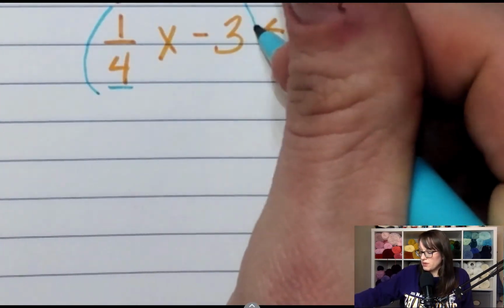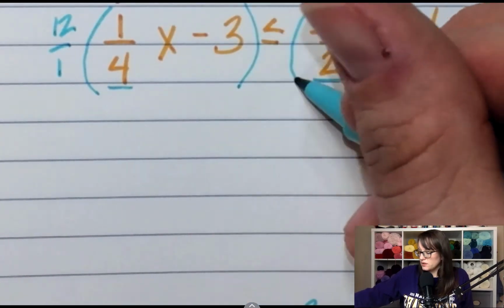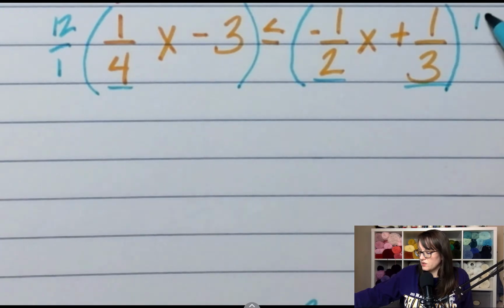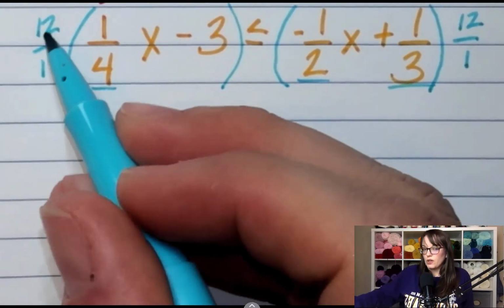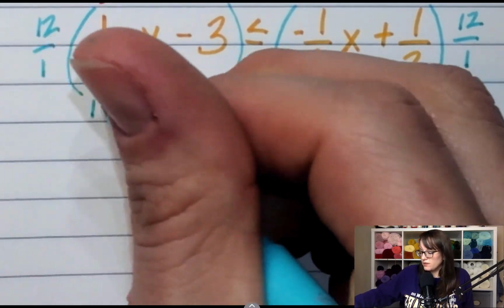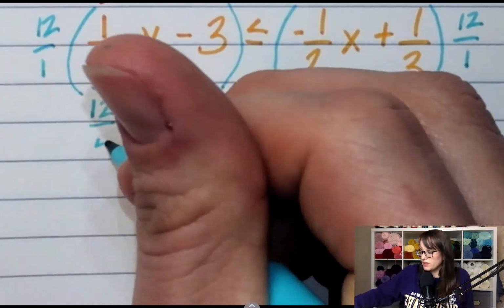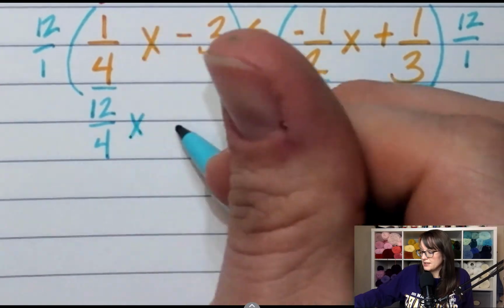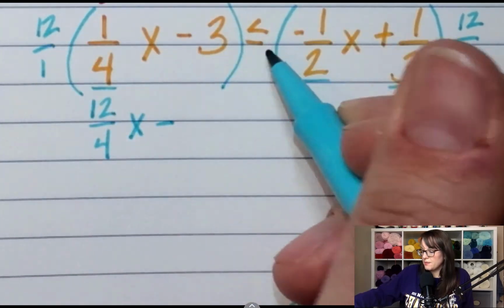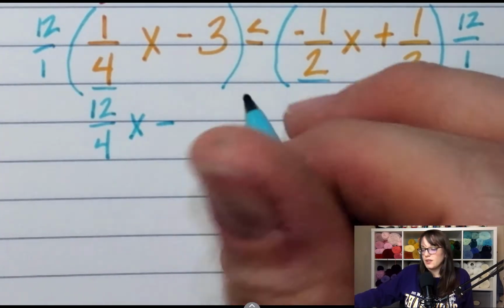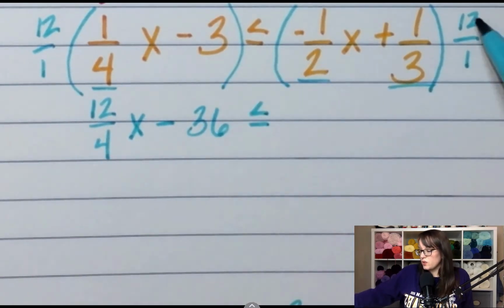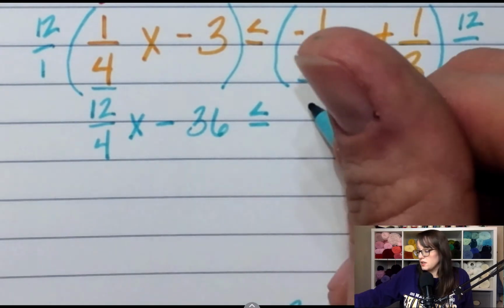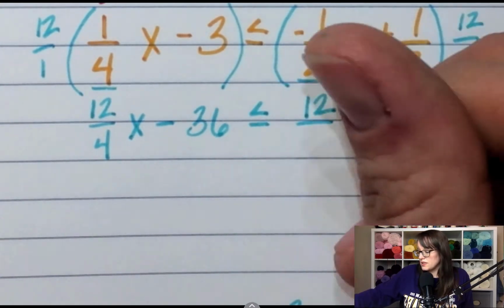And remember, when I'm multiplying by my fractions, that's 12 over 1. Over here, that's 12 over 1. So 12 times 1 is 12. 1 times 4 is 4. x minus 12 times 3, 36. Less than or equal to 12 times 1 is 12. 1 times 2 is 2.